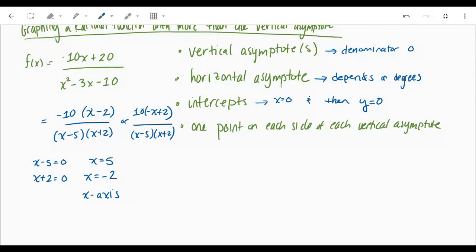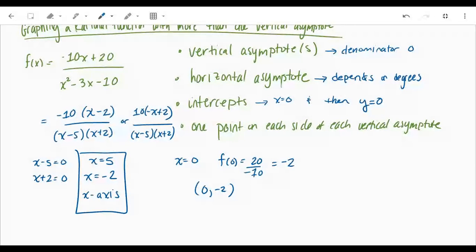Okay, and then we can also jump right ahead to the intercepts. Okay, if x equals 0, f of 0 would be 20 over negative 10, which is negative 2. So 0, negative 2 would be one intercept. Okay.